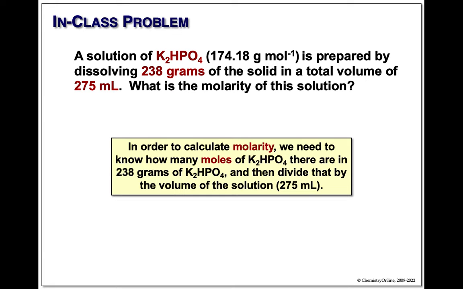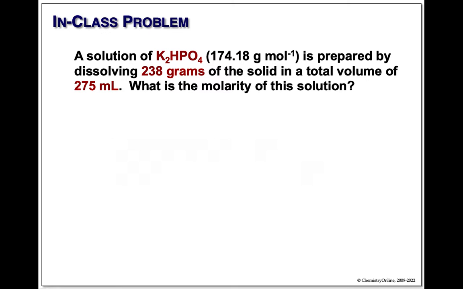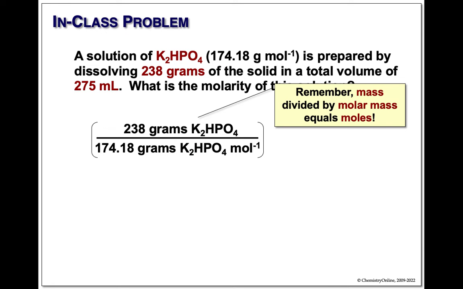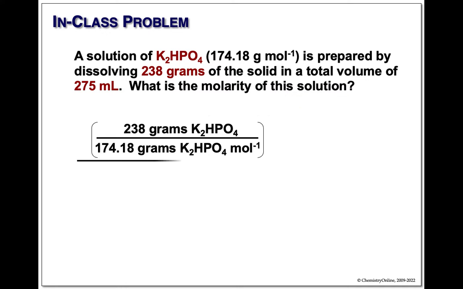Our molar mass is 174. Moles is simply this. We have 275 milliliters divided by 1,000, that's 0.275 liters. Grams will cancel.